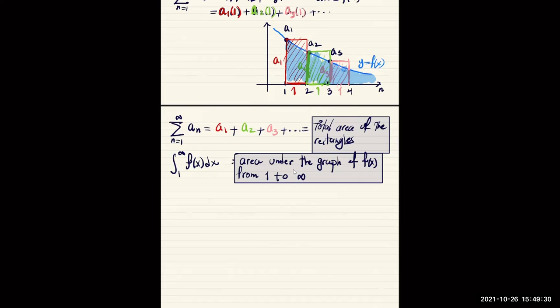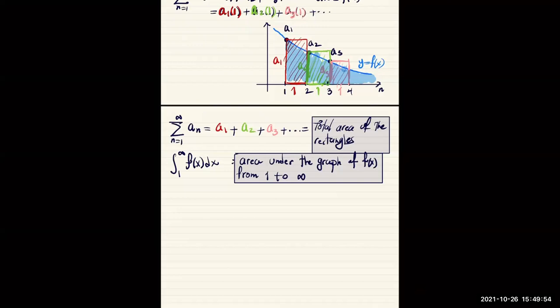Both the integral and the series either both converge or both diverge. Meaning that if the integral converges, the series is convergent, or you can say, if the series is convergent, the integral is convergent. They both behave the same way. They just don't have the same value.